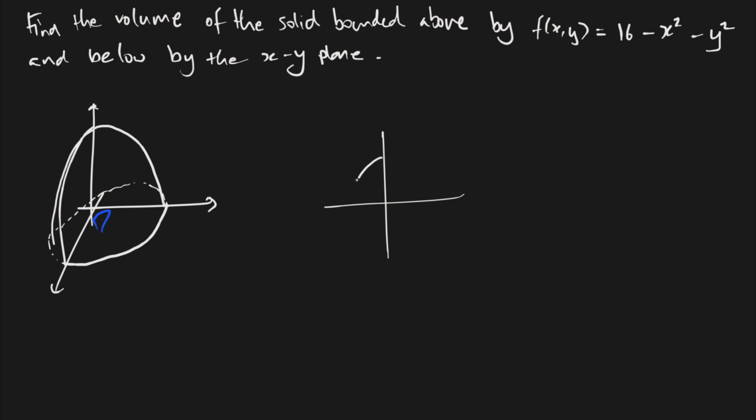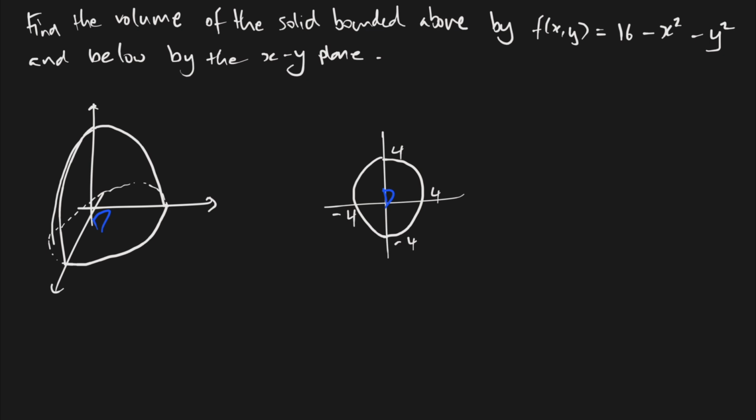So this is basically what it looks like. It's a circle of radius 4. So this is our D.